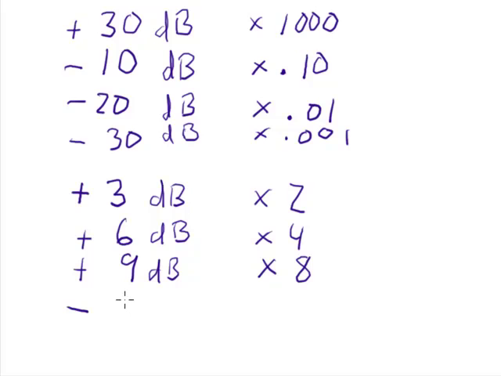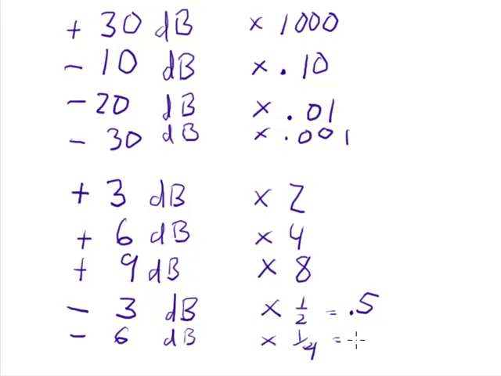And in the other direction, if we attenuate and decrease by 3 decibels, or negative 3 decibels, then that's the same as multiplying by 1/2, which is the same as multiplying by 0.5. If we decrease by 6 decibels, that's the same as multiplying by 1/4 or by 0.25.